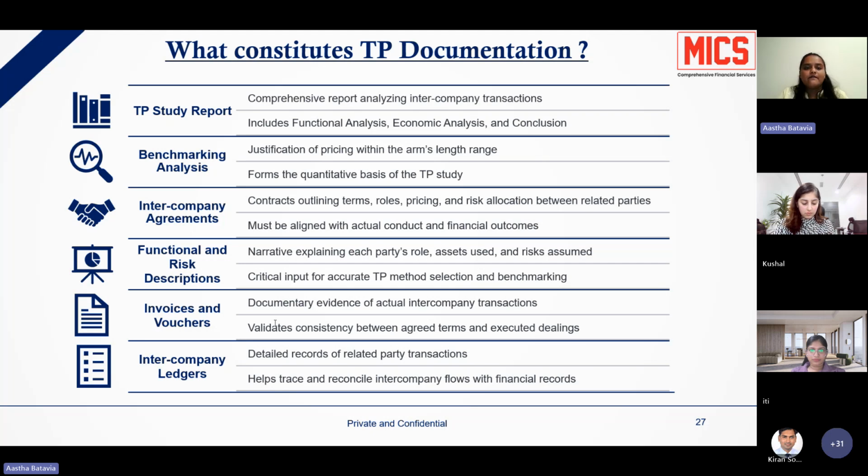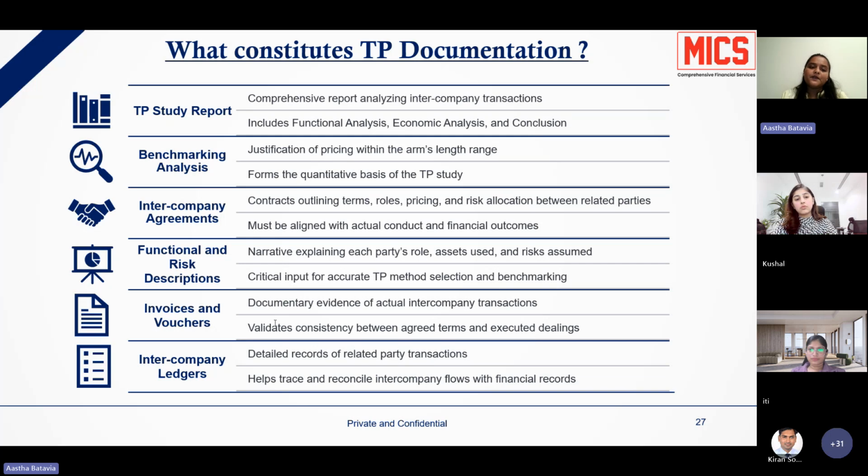Then it will also have a method selection and justification for why you have selected a method to benchmark your transactions. Then conclusions on whether pricing is at arm's length or not. Think of it as the backbone of your transfer pricing position, the document that ties together your reasoning, analysis, and results.